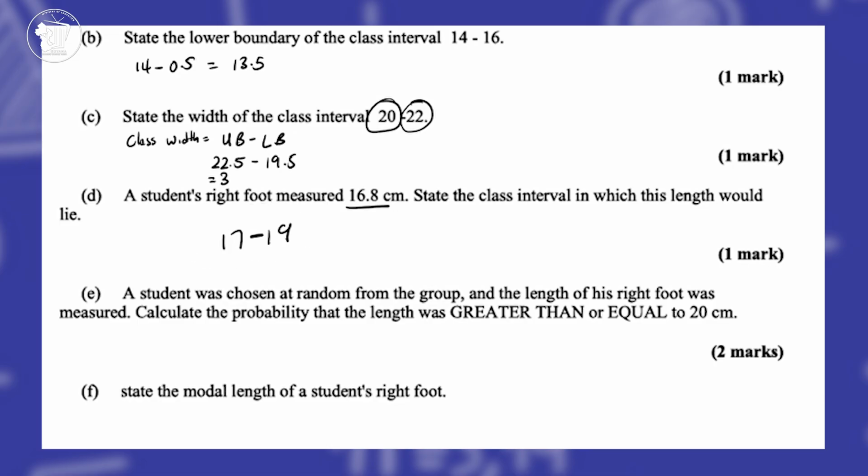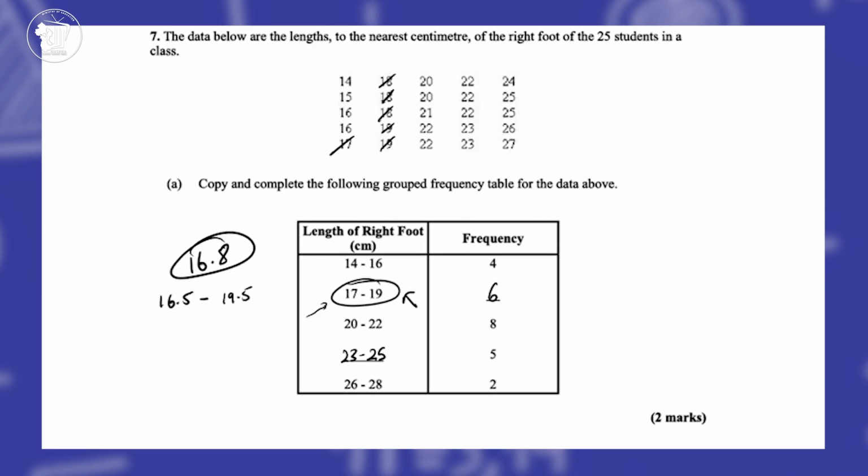The next question says, a student was chosen at random from the group and the length of his right foot was measured. Calculate the probability that the length was greater than or equal to 20 cm. Greater than or equal to 20 would be all of these classes here, 23 to 28, so this would be 8 plus 5 plus 2, which gives me 15.